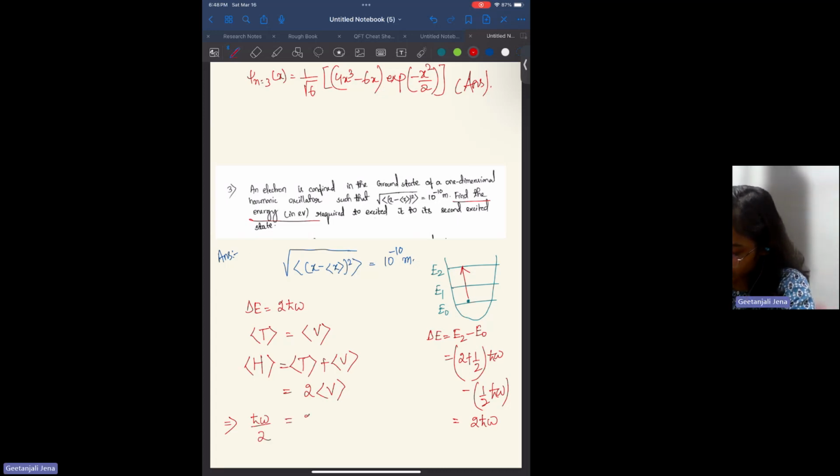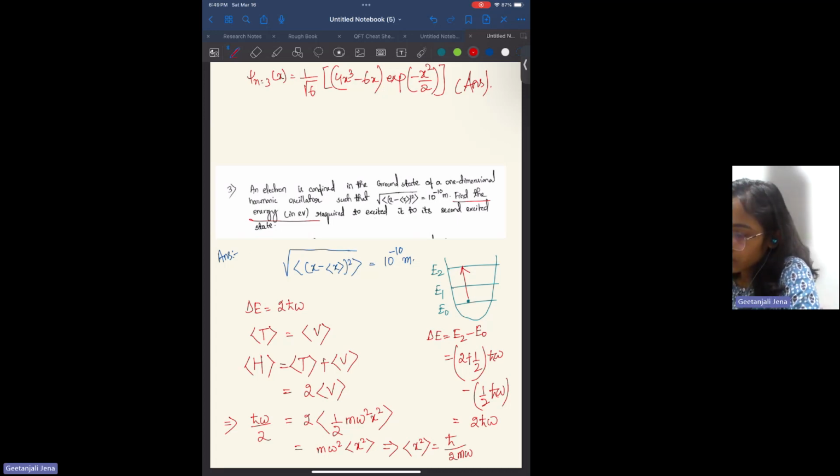Now in the right hand side, just put the expression for potential energy, which is half m omega square x square. M omega square is a constant, so you can take it out from the expectation value. So that means the x square expectation value will be equal to h bar by 2 m omega, right?